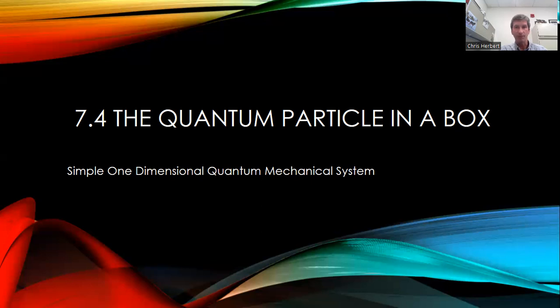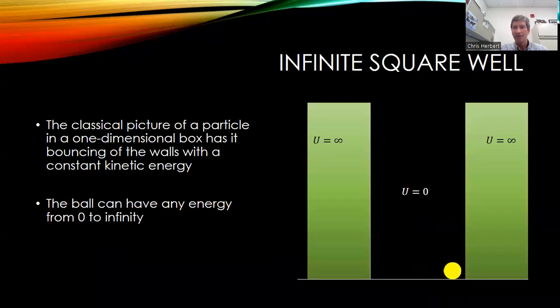So let's get started. Let's go to as classical of an analogy as we can get here. We're going to go with just a little ball bouncing back and forth. And we're going to say that the walls represent a region of infinite energy, that the ball would need an infinite amount of energy to penetrate them, so it just bounces off them. We're going to call them indestructible. But basically, in classical physics, this ball can have any potential energy.